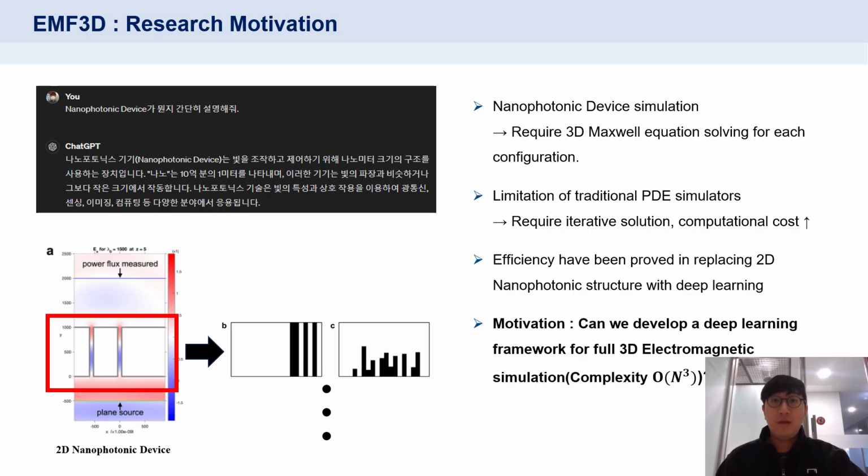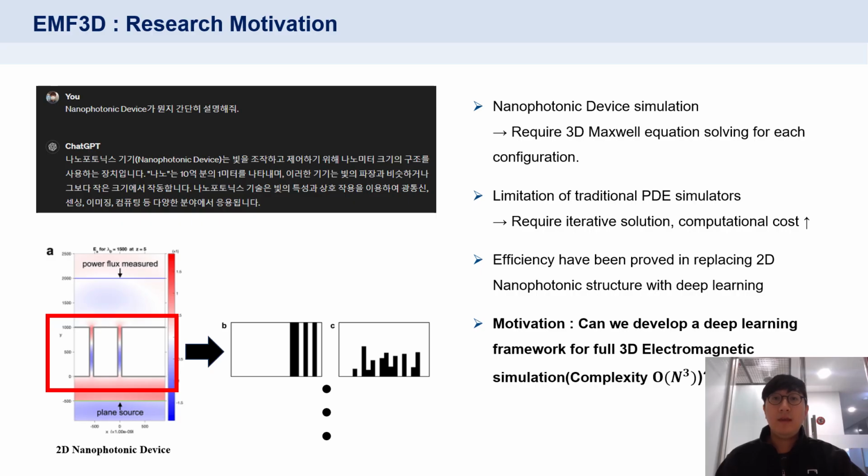In nanophotonics, the science of manipulating light at the nanoscale, designing devices requires solving Maxwell's equations in 3D space. A single simulation can be costly, and when you need thousands of simulations for design optimization, this becomes completely intractable.